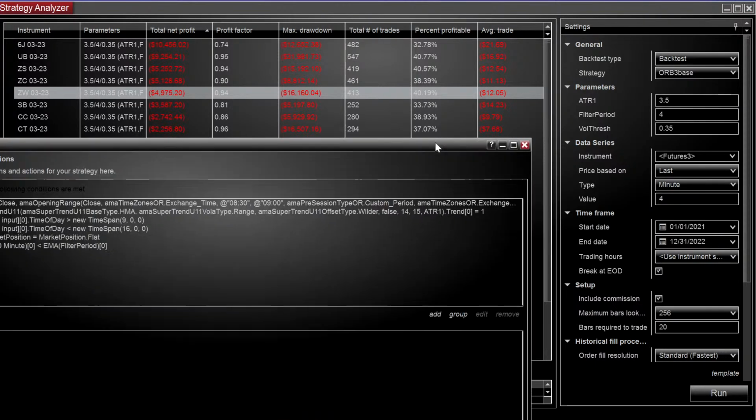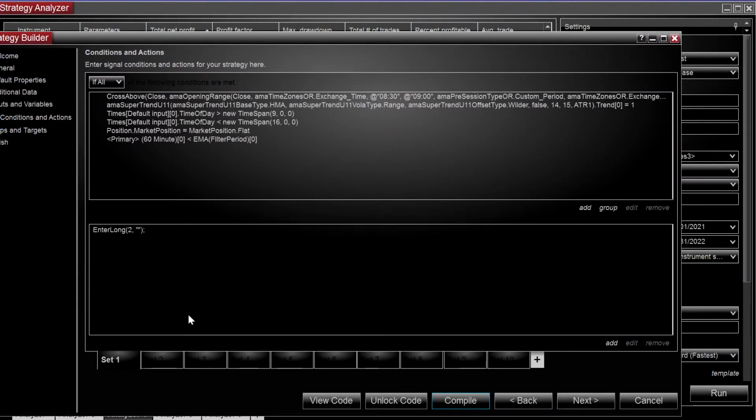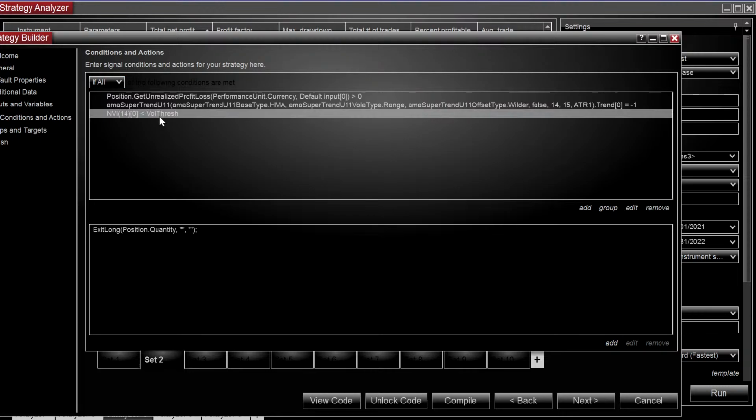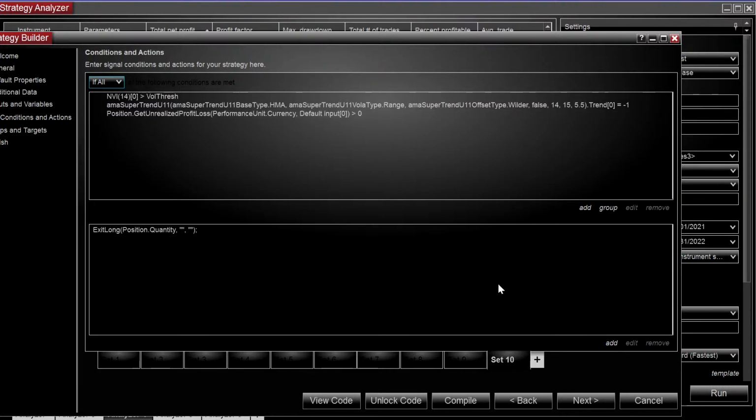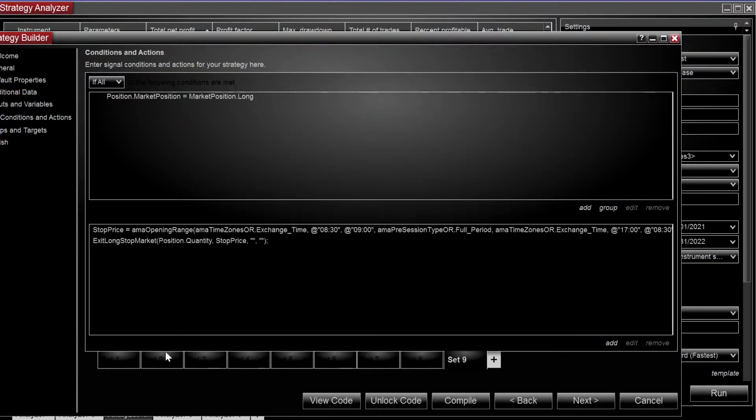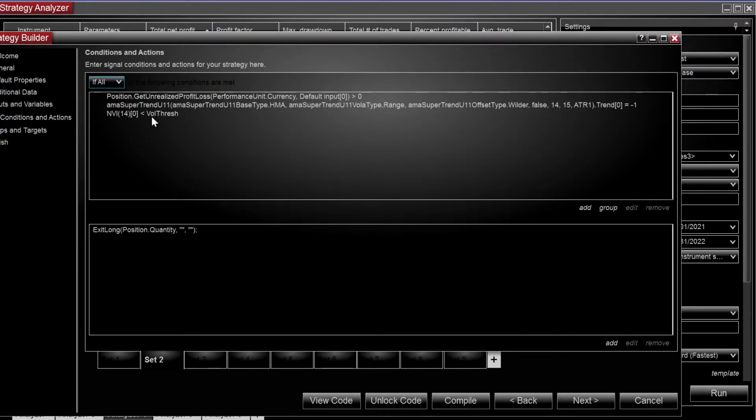But that just means we get to take away. And I love taking away stuff. So let's take away this set, our exit long, and make sure I don't miss anything. And let's take away this threshold requirement.